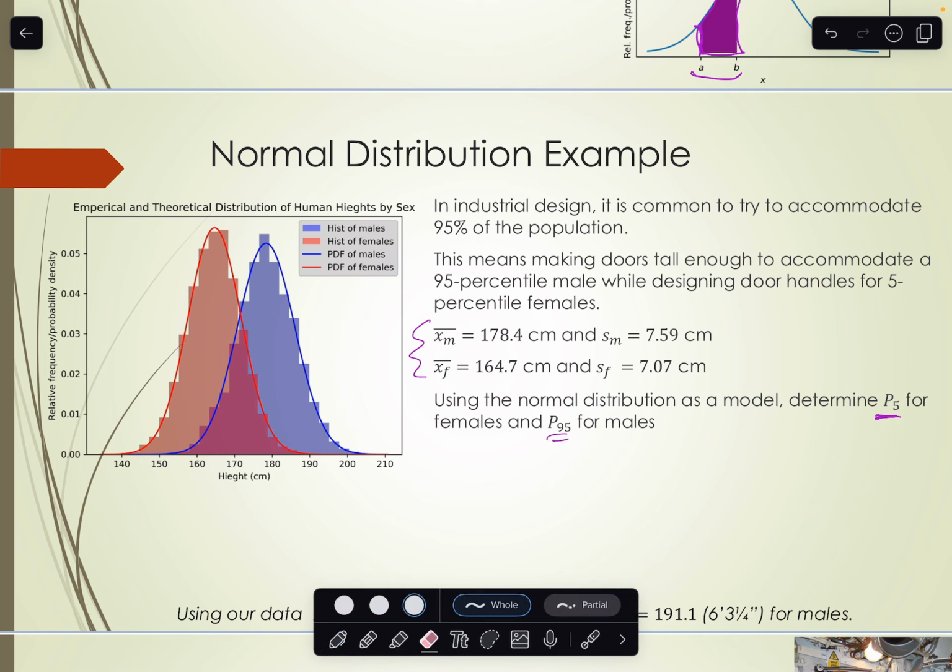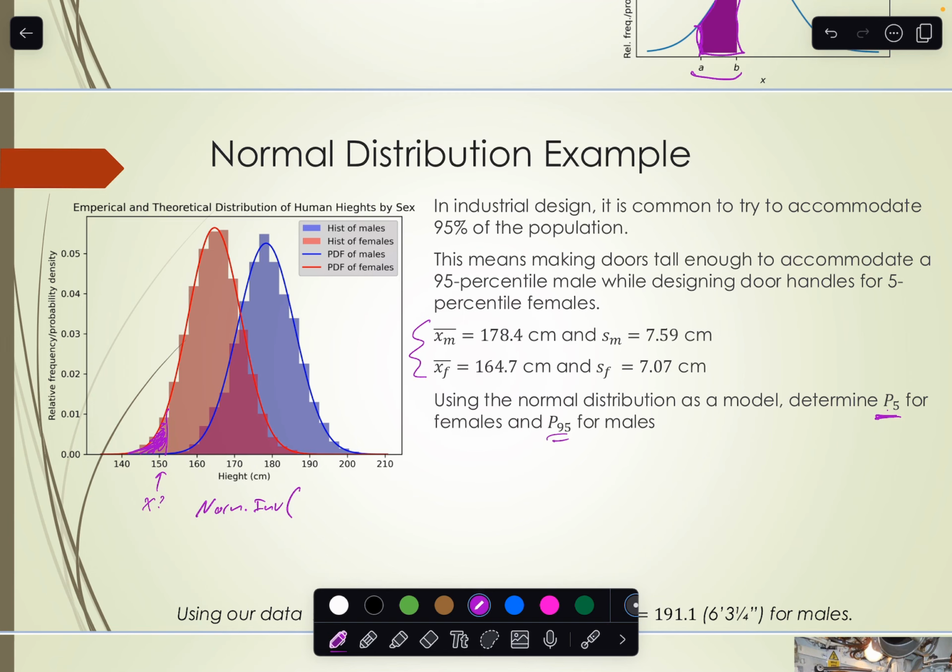So what I want to do is find the X value among females that makes this area 5%. What is that X value? In order to do that, we're going to use NORM.INV. I'm going to put in the p-value that I want.